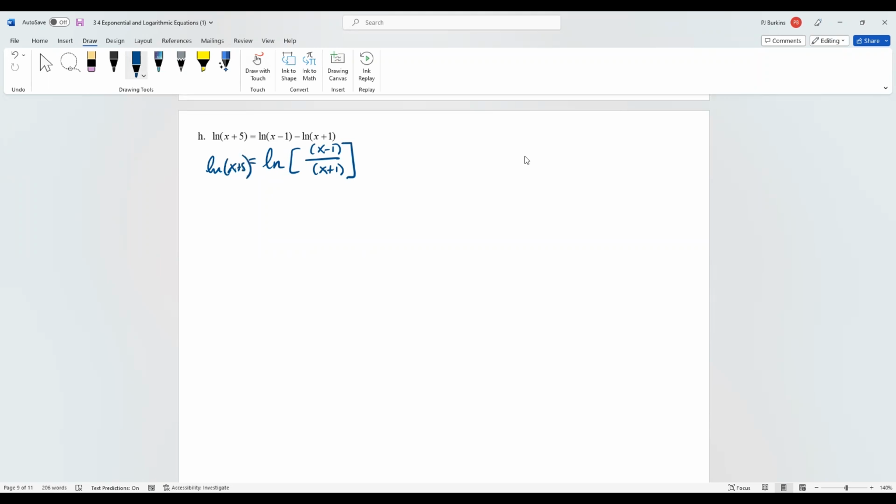Once both sides are log, or in this case natural log, I can raise both by the base e. Natural log and e cancel, and I quickly get to this equation.